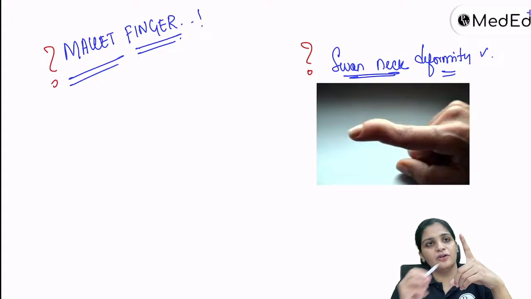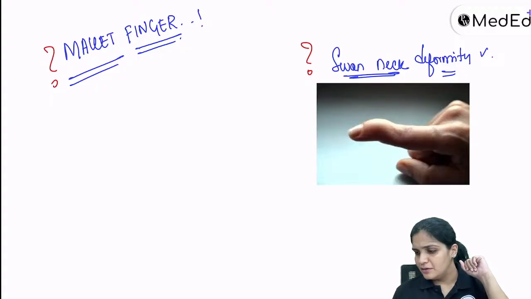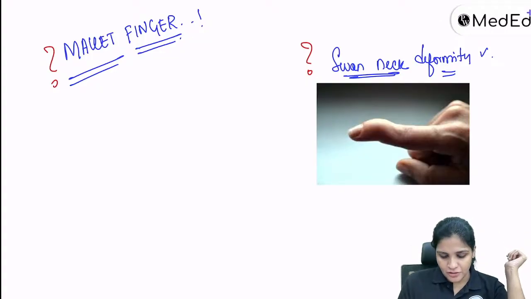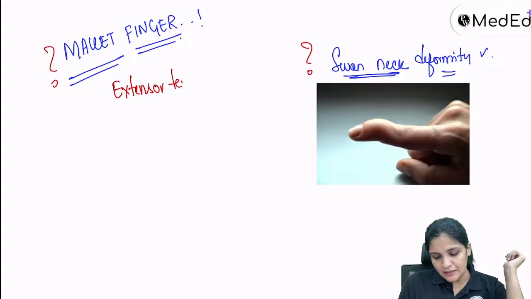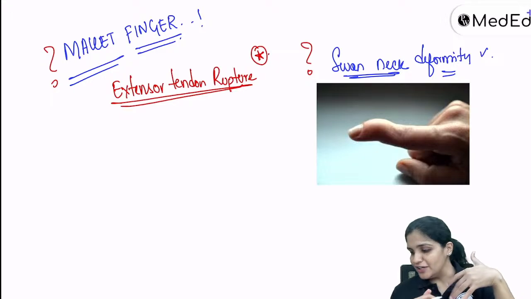This flexor tendon is on this side. If the flexor tendon is ruptured here, who is pulling it into flexion? So it should actually be extensor tendon rupture, right? Now because this extensor tendon is ruptured, the FDP is pulling it into flexion.